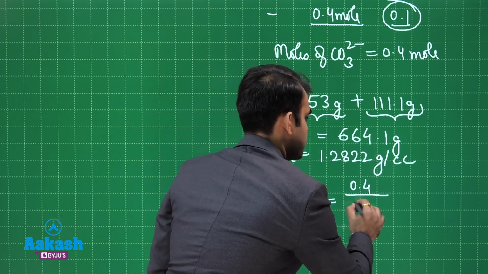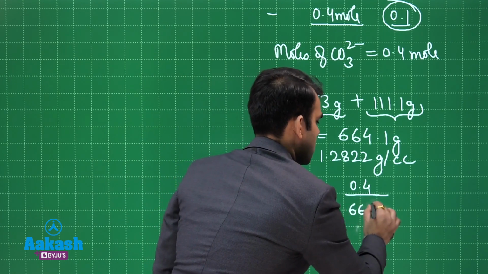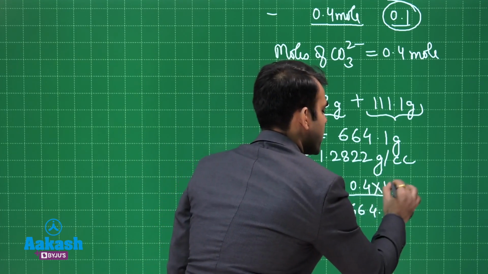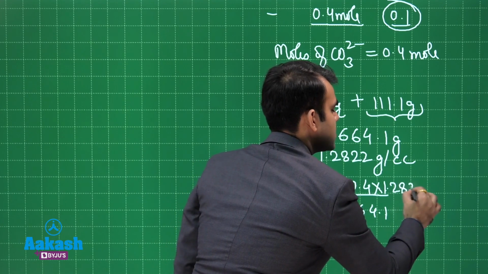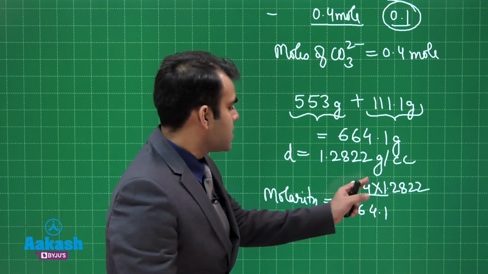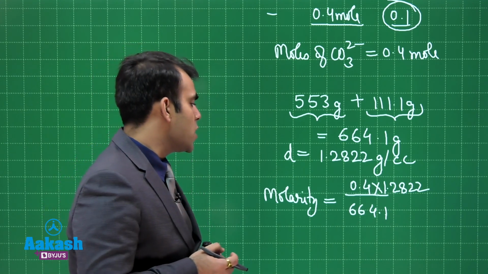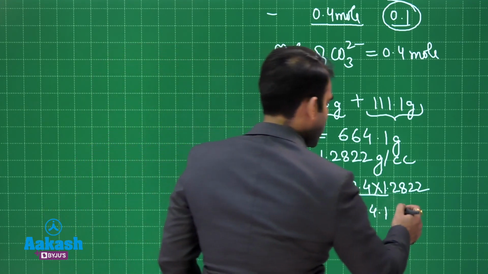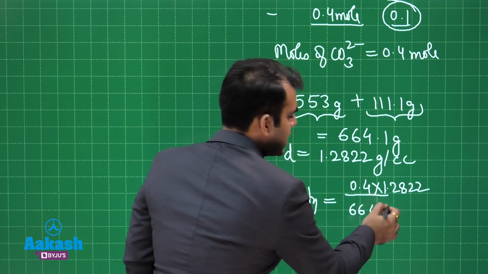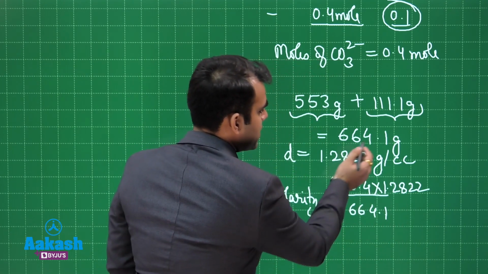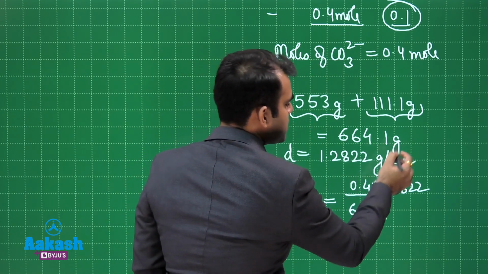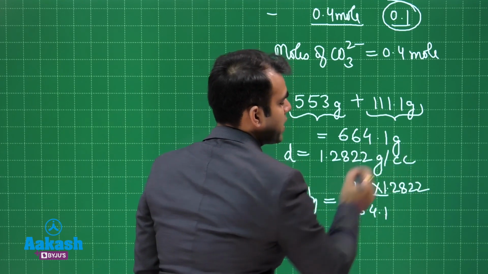and volume of solution is mass divided by density, and this is the molarity of the solution, and we have to divide it by 1000 also, because this is gram per cc, and this comes out in ml.